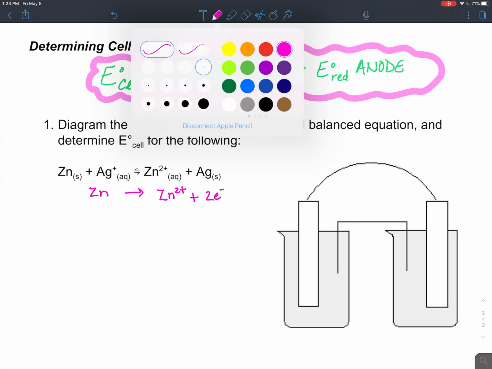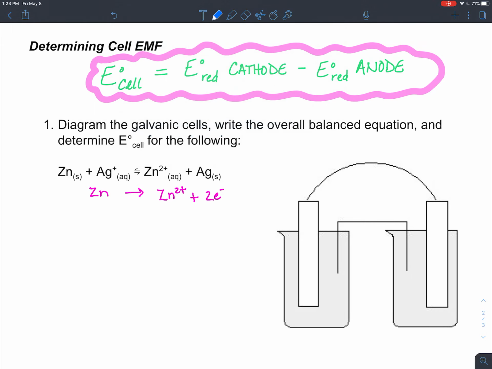And then our other one is going to be our silver ion, Ag+. And then silver's on the other side, Ag solid. Okay, and so we have to add our one electron here. All right, so what we want to do is find out what the values for this are.